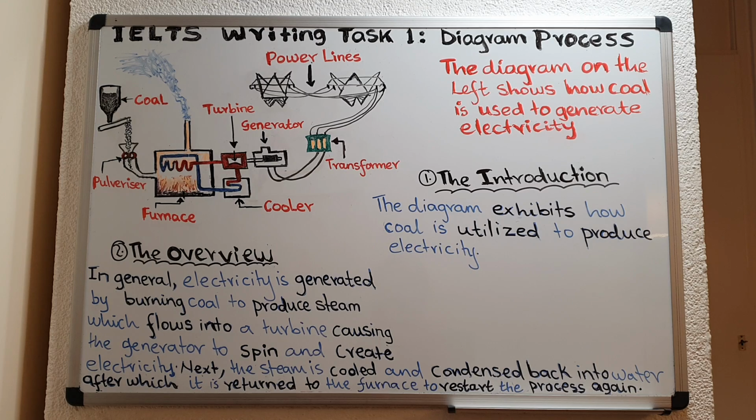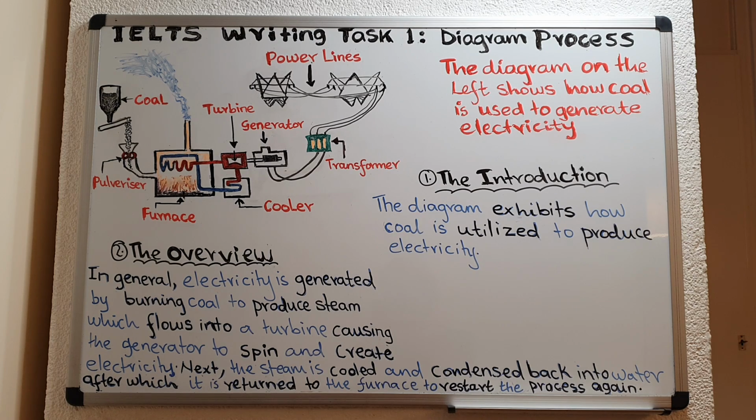Electricity is generated by burning coal, so I'm going step by step from the beginning of the process until the end. Electricity is produced by burning coal. That is the first step: burning coal to produce steam. So you burn coal, it goes through the pulverizer, and then it ends up in the furnace and you get steam.